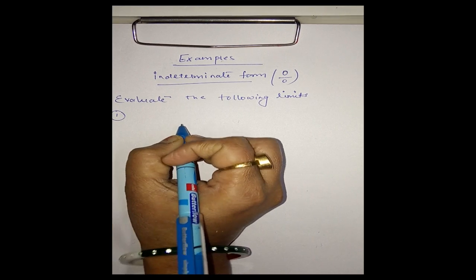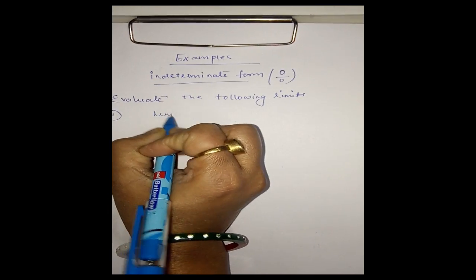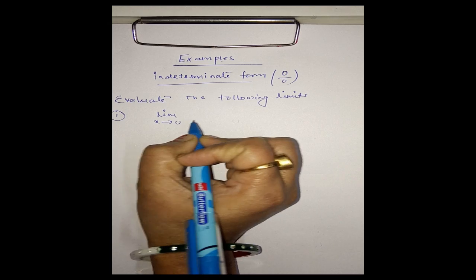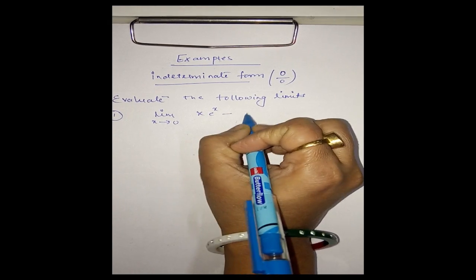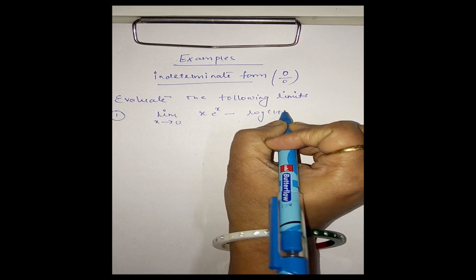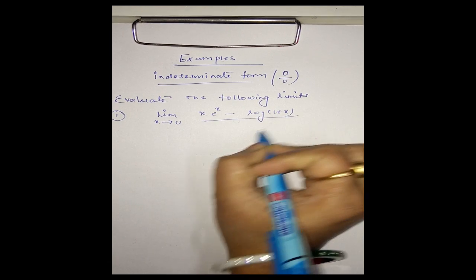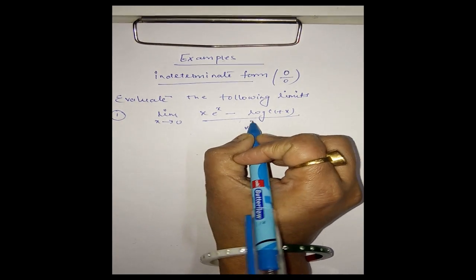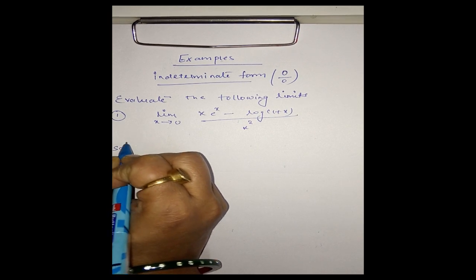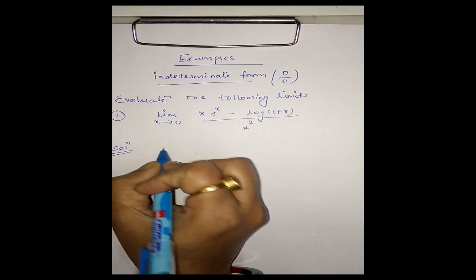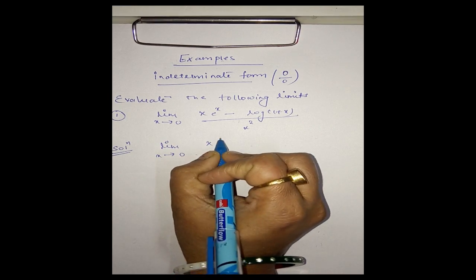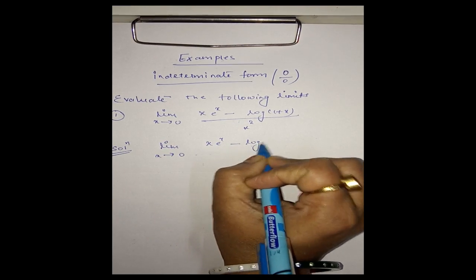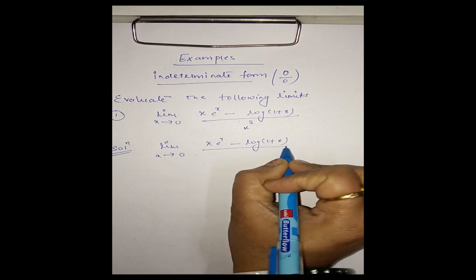First, limit x tending to 0, x e^x minus log 1 plus x divided by x square. Okay, let us first evaluate this limit.